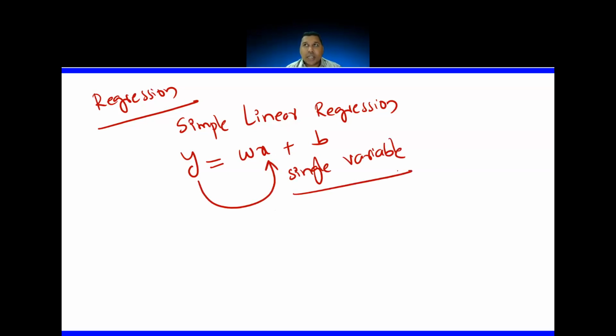When it is dependent on a single variable x, I think you remember when we studied principal component analysis, we have seen a little about regression. When you have the wind speed, how much power will be generated?